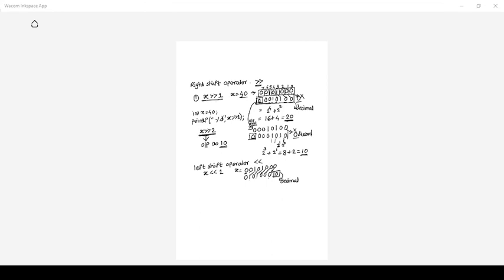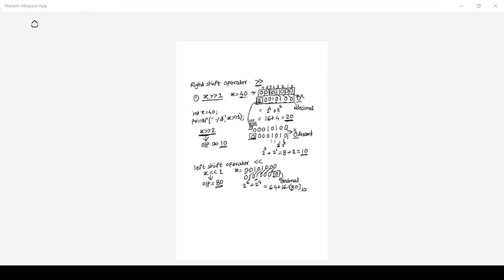Okay, 2 raised to 3, 2 raised to 4. So this one bit is 2 raised to 4, and this one bit is the 2 raised to 6 bit. So 2 raised to 6 means 64, and 2 raised to 4 means 16, which is equal to 80. Okay, so this is 80. Now the output of x left shifted by 1 is 80.